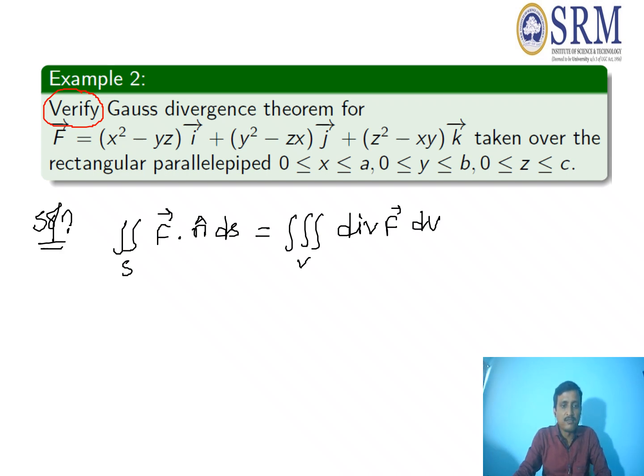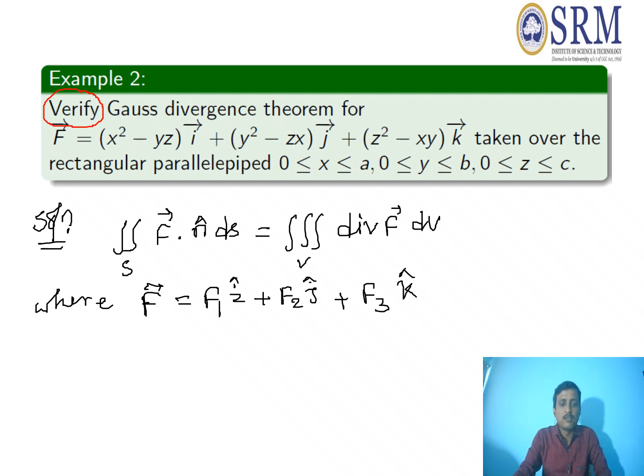What is given? F is equal to F1 i plus F2 j plus F3 k.